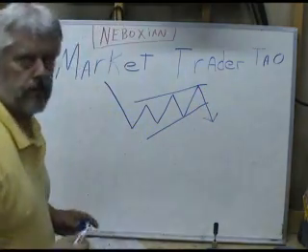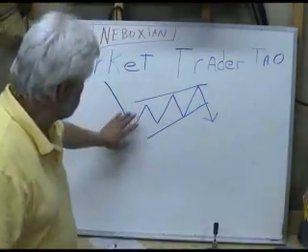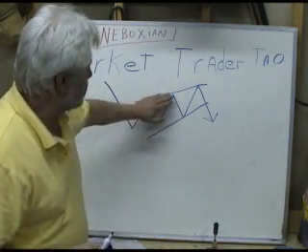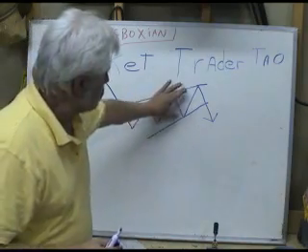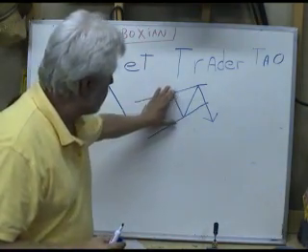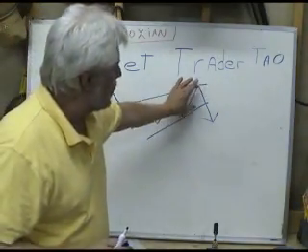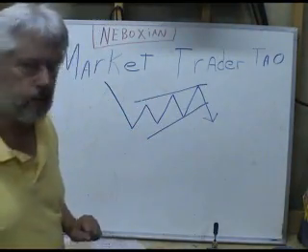The reason it's bearish is because your tops are slowing down. They're actually getting smaller, and these two lines are converging, and so it creates a bearish bias.